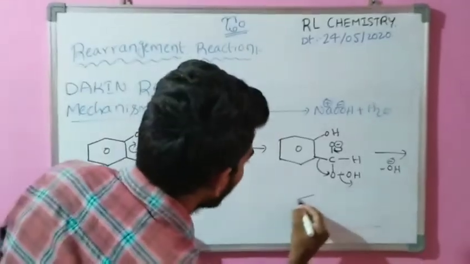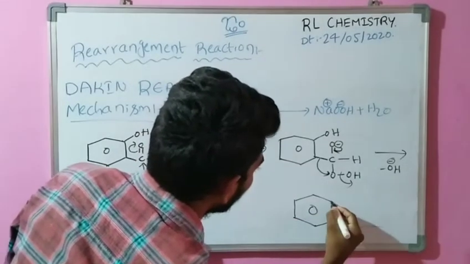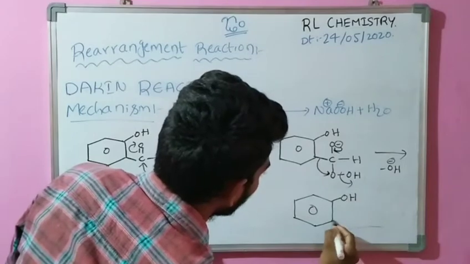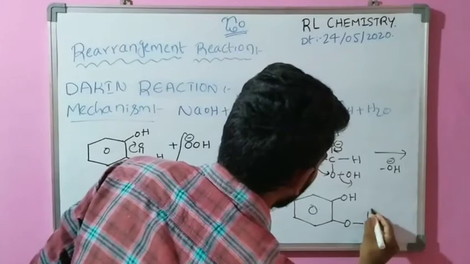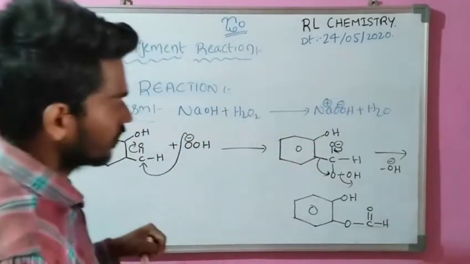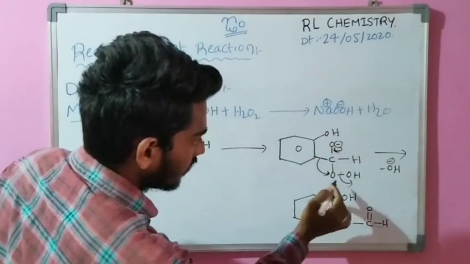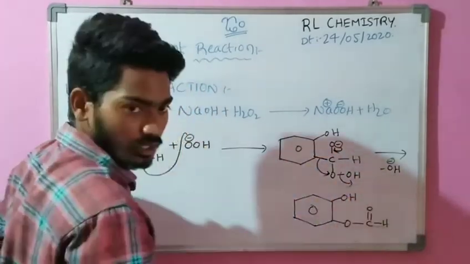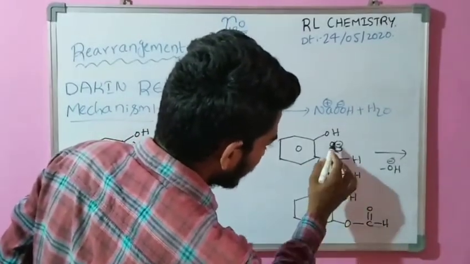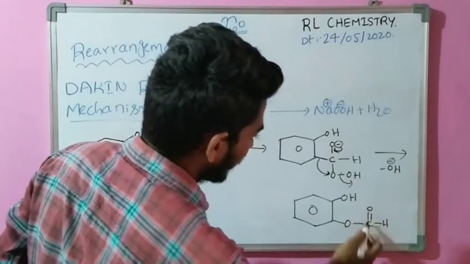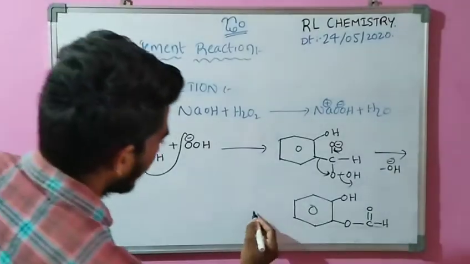Then it forms this type of intermediate, with O bond, C double bond O bond H. This phenyl group migrates here and this minus charge migrates here. This OH group is removed here. This phenyl group migrates here, and this bond migrates here, C double bond O bond H. The OH group is removed.